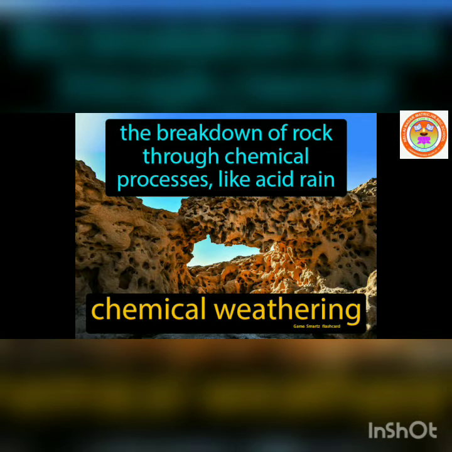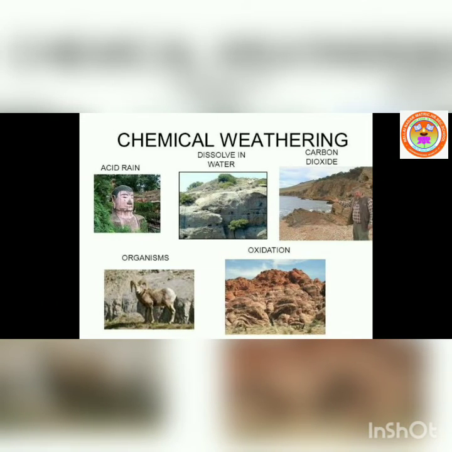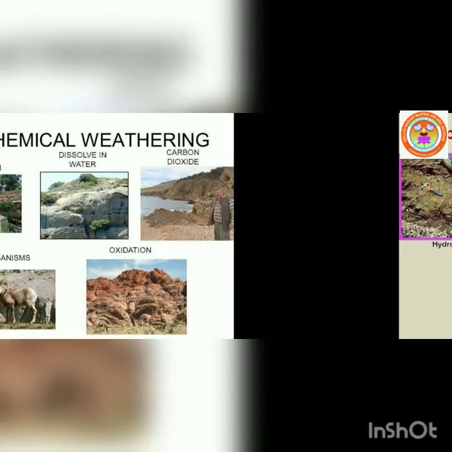Chemical weathering takes place through the process of oxidation, carbonation, solution and hydration. The agents of chemical weathering are oxygen, carbon dioxide, hydrogen and water. Here in chemical weathering, what happens: acid rain, carbon dioxide dissolved in water, organisms and oxidation.